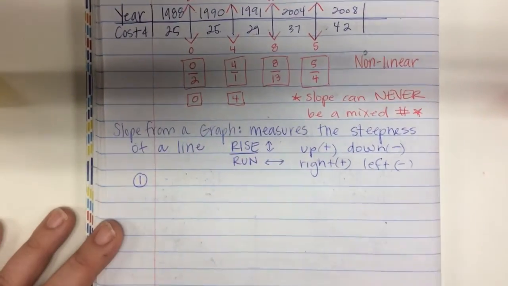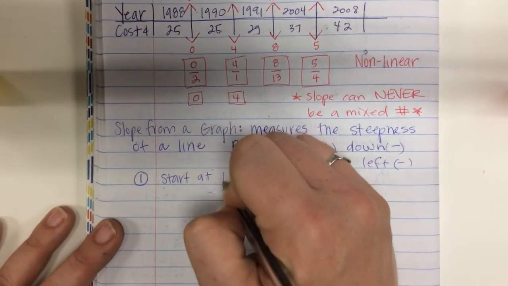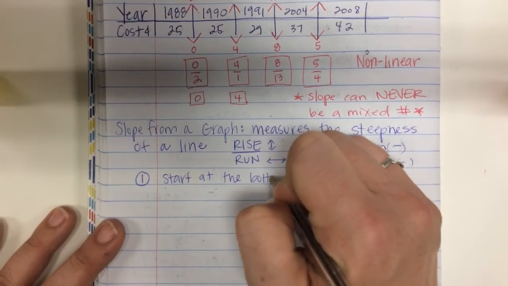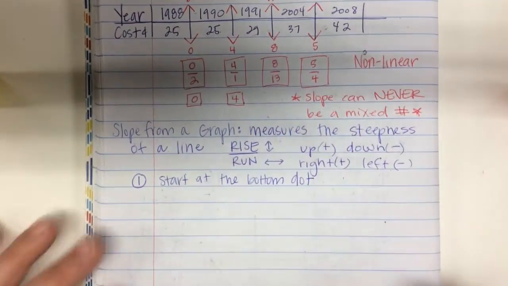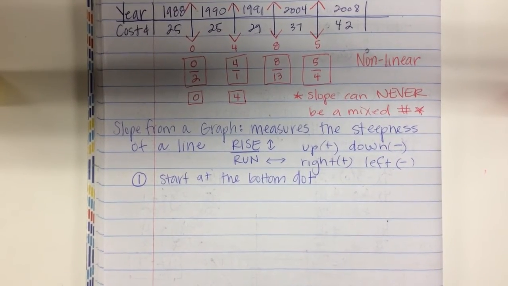Here are the steps to follow. Start at the bottom dot. And this will make sense once you see a picture.